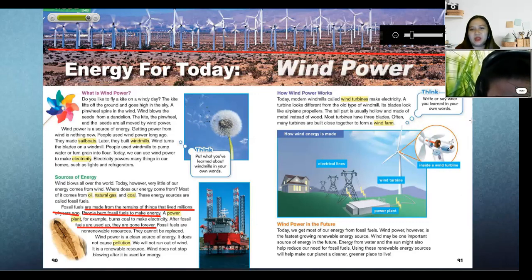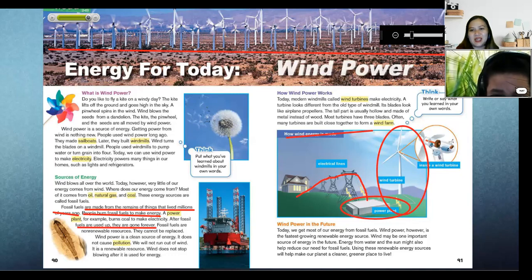Look at the process: there's a power plant under the turbine. It gets energy from the wind, and then the power plant transfers the energy through the electrical lines to your house. That's how energy is made, or how energy travels.